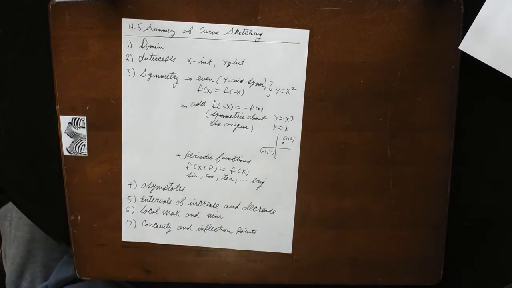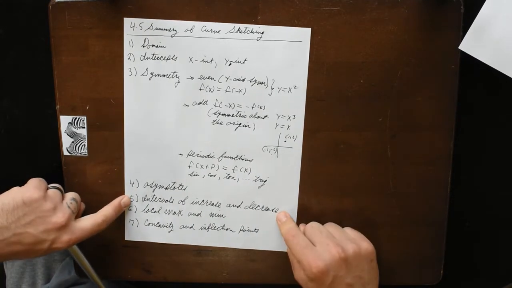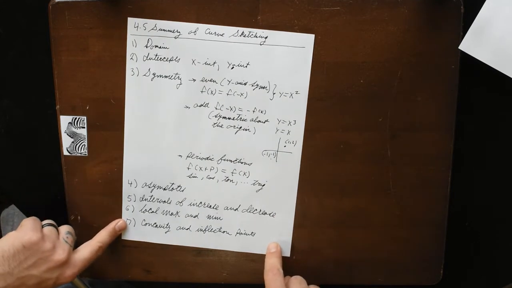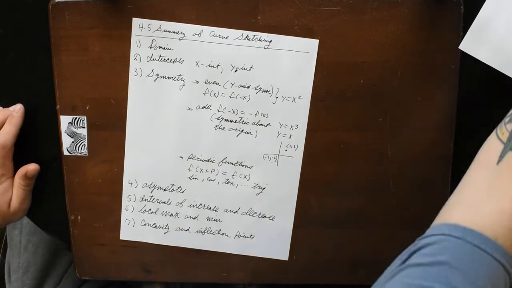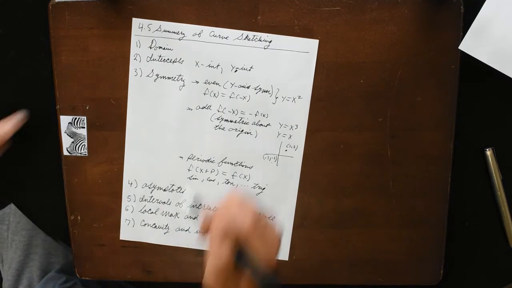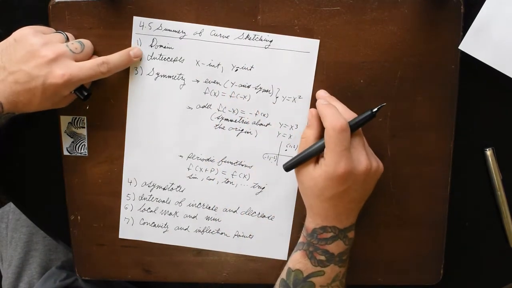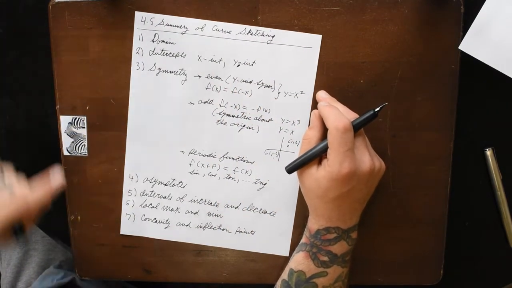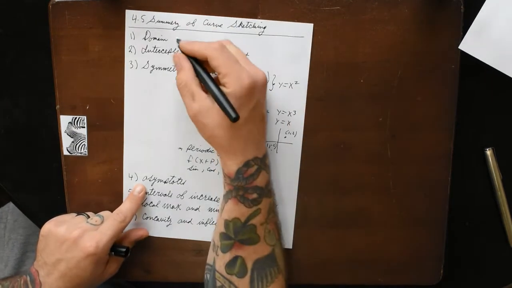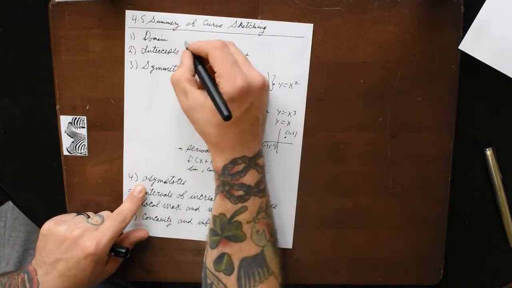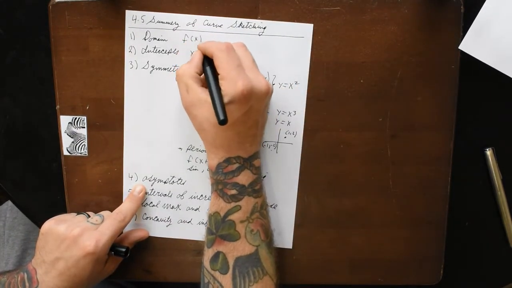So this is our big 7-step process. I don't know why they broke this first derivative stuff into 2 and they left the second derivative stuff as 1. But from our domain, our intercepts, our symmetry, and our asymptotes, all of this information we'll get from just f of x.